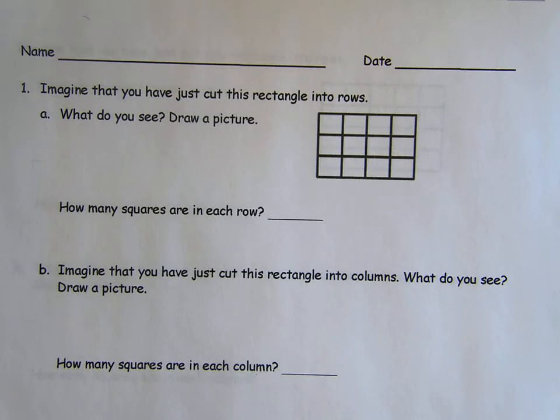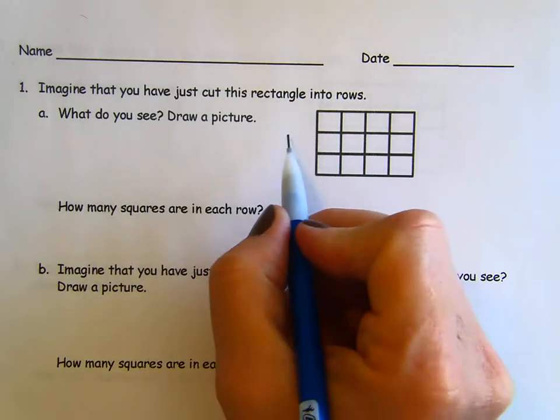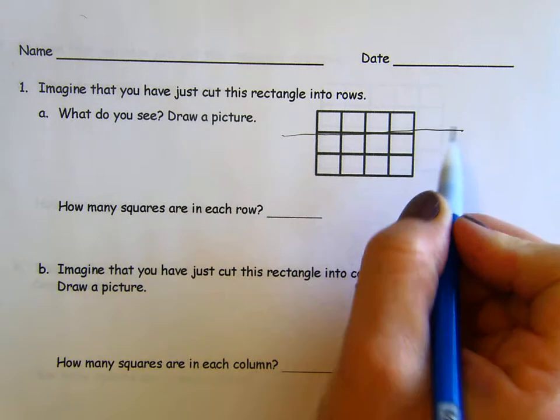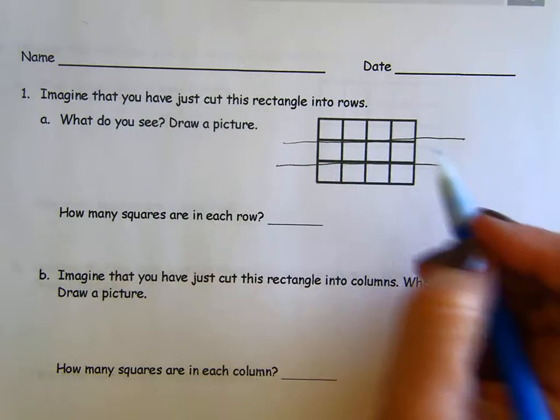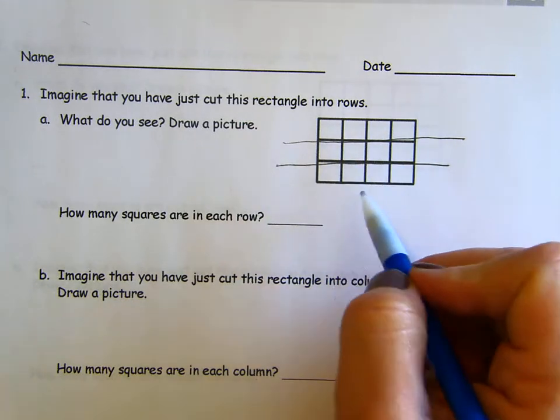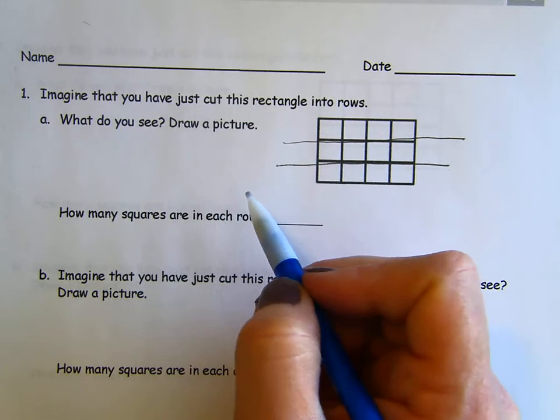Now what I'm going to do is take my pencil and actually draw where those cuts would be. Oopsie, broke my pencil. So I can now more clearly see what I need to draw, right?